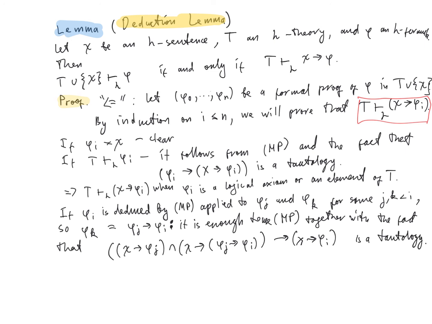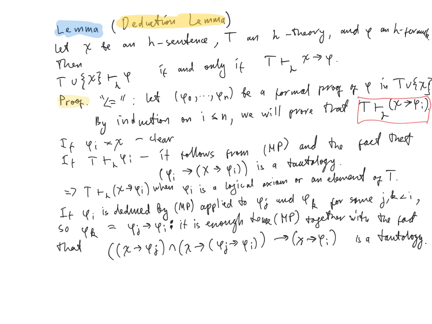And of course we are using the inductive assumption on i, namely since j and k are strictly less than i, we are already assuming that T proves χ implies φ_j and that T proves χ implies φ_k.